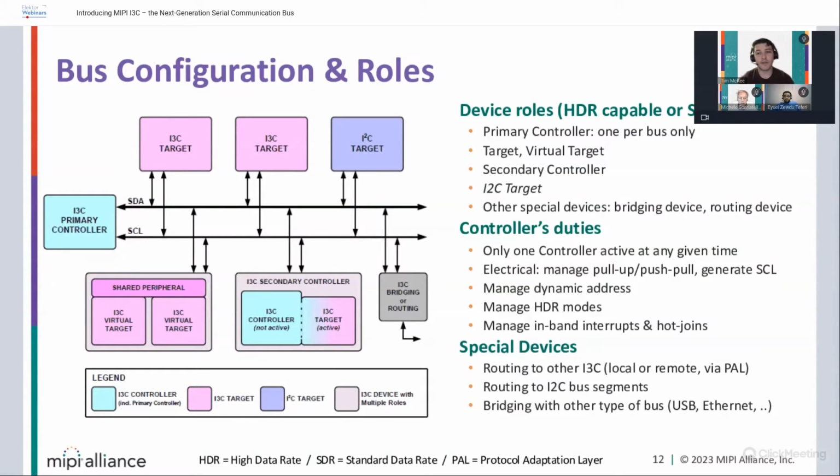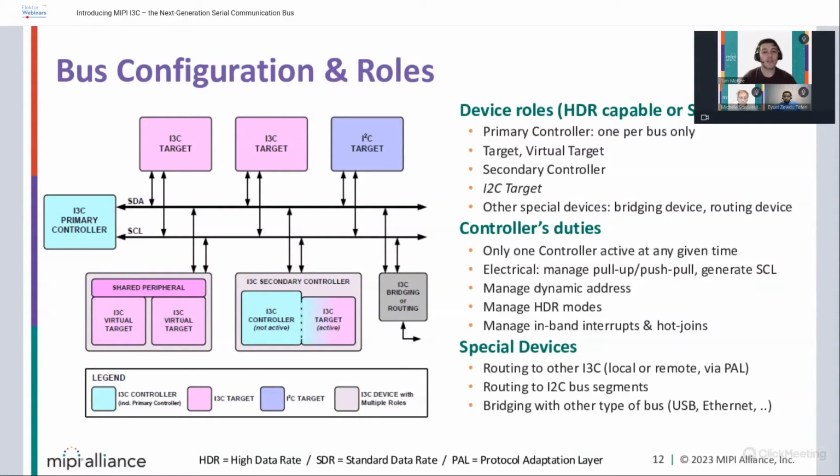There are many sensors out there that still operate on I2C, and with the backwards compatibility built into the specification, we can still have I2C targets on the bus and create that mixed bus situation. And then finally, there are other special devices, bridging and routing devices, other pieces in order to either segment the bus or to allow different features.